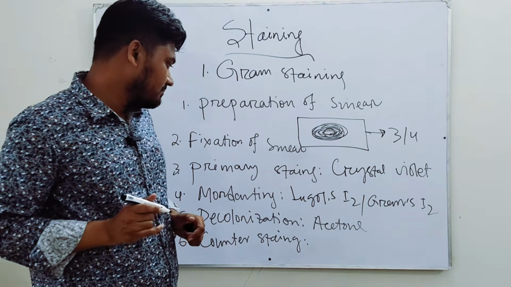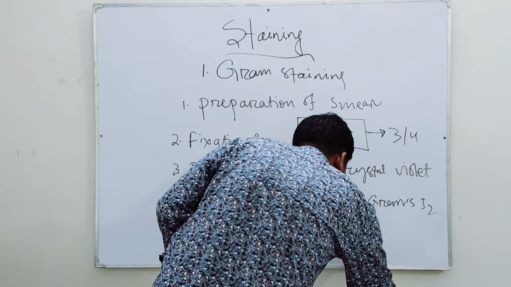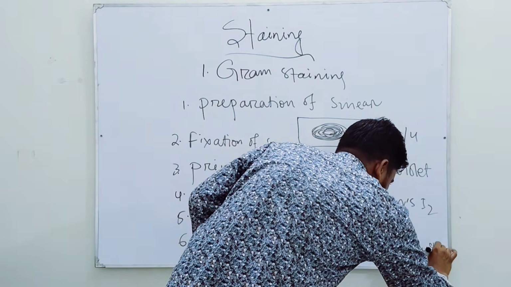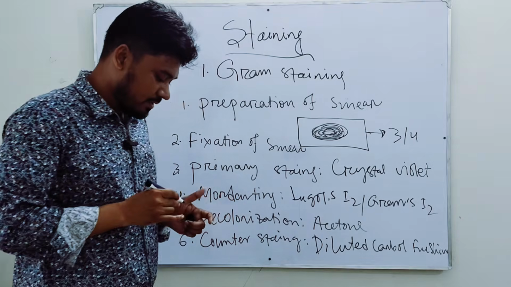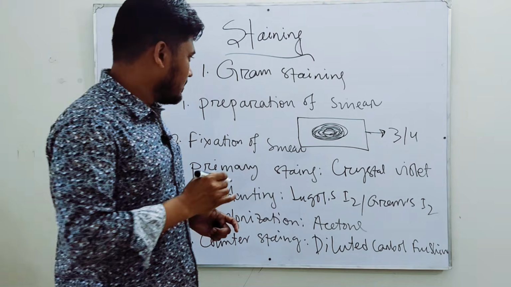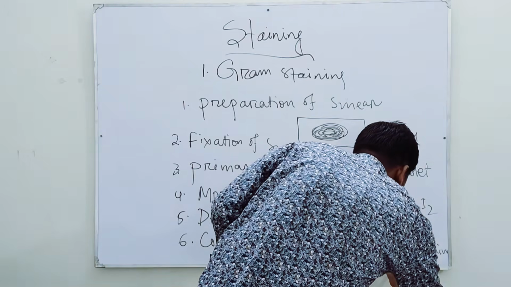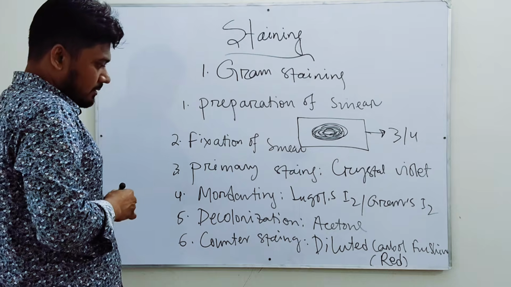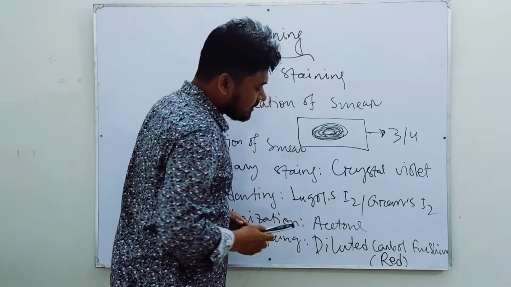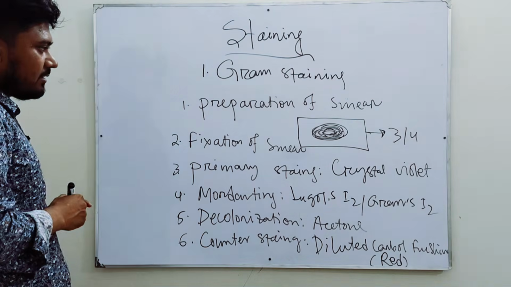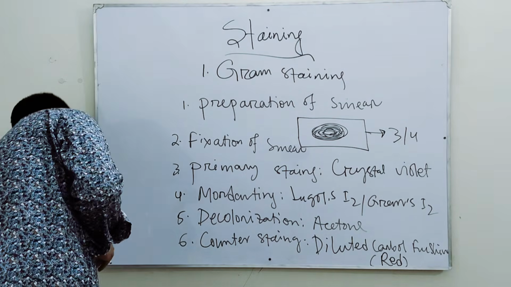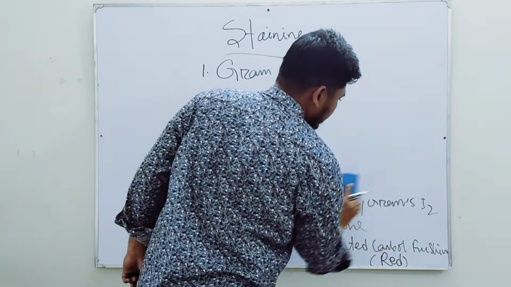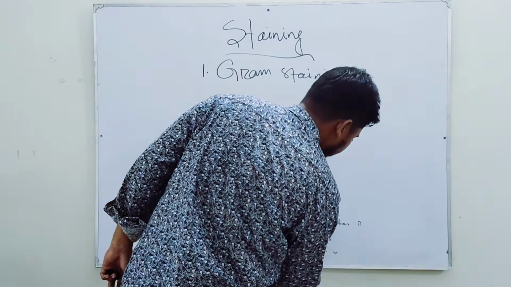Counter staining is done with diluted carbolfuchsin. Color of this diluted carbolfuchsin is red. This smear is covered with diluted carbolfuchsin for 30 seconds and then washed with tap water. After washing, the smear is air dried and then focused and observed under microscope.